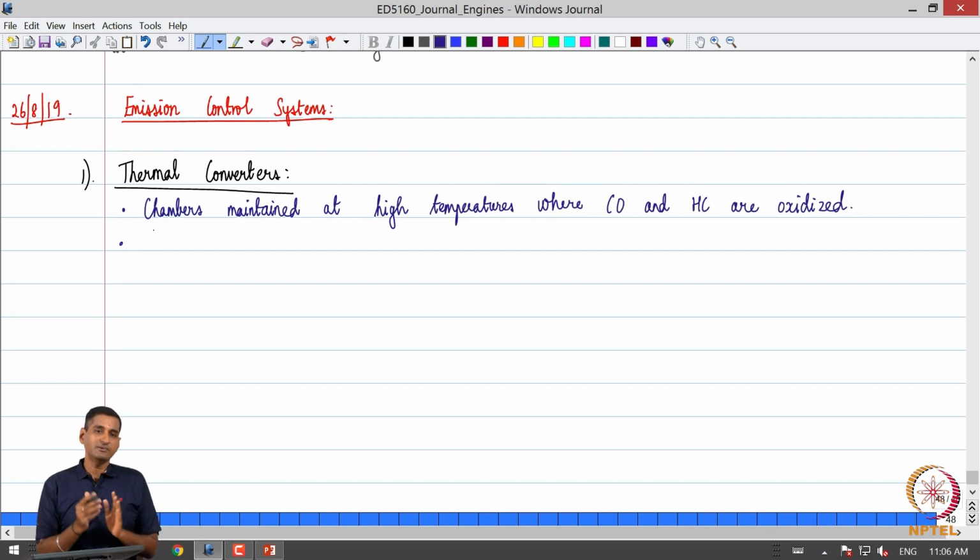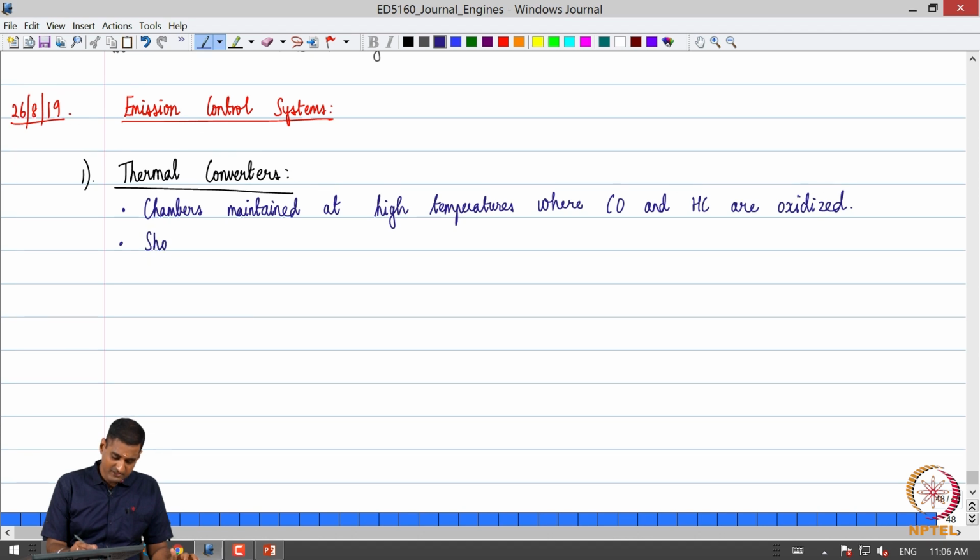Okay. So, consequently, these thermal converters or these chambers must be large enough to enable these partially oxidized compounds to remain in these chambers for a sufficient amount of time.